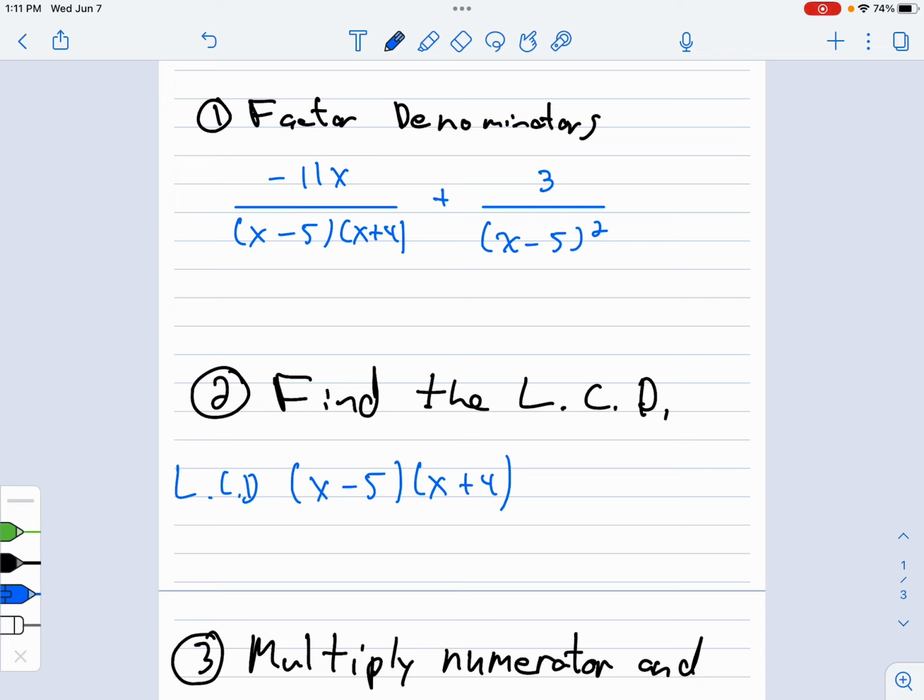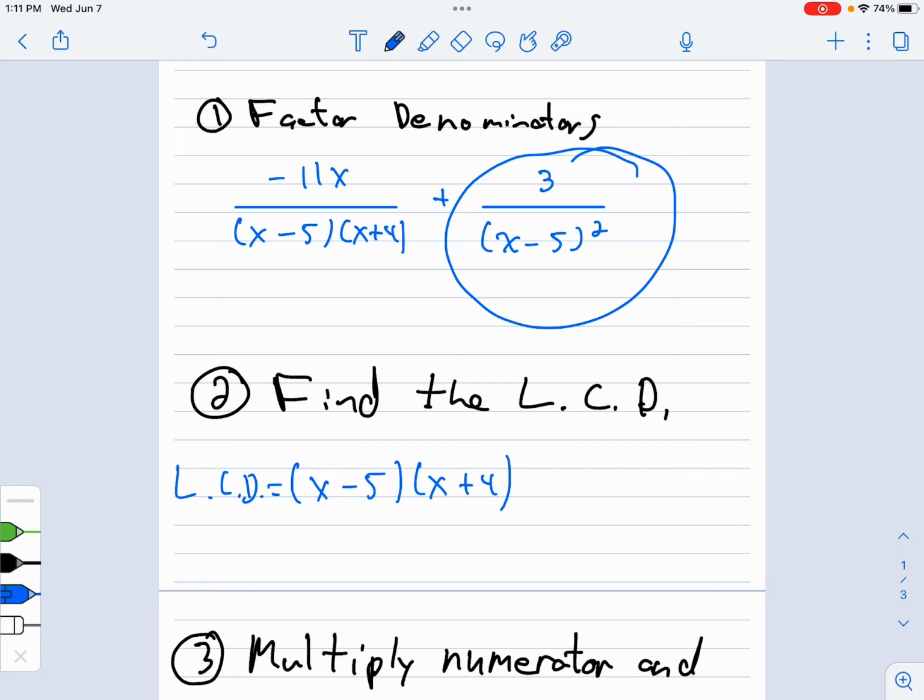And then we go to the next fraction, the 3 over x minus 5 squared, and we ask ourselves, is there anything in the denominator that is not in the first fraction, okay? Where you have x minus 5 squared, is there something here that's not on x minus 5 times x plus 4? And there is. There's an extra x minus 5.